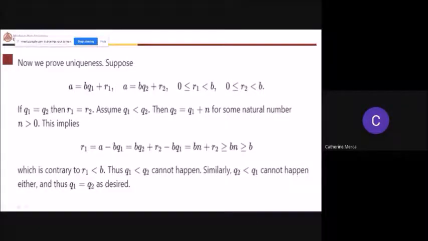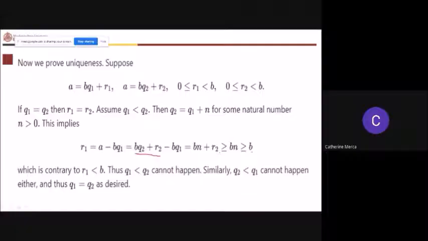Pero ano ibig sabihin yan? Ang R1 ninyo is A minus BQ1. A minus BQ1, pailipat doon, equals BQ2, kasi ang A ninyo is BQ2 plus R2. So, A is replaced by BQ2 plus R2 minus BQ1, which is equal to B times N plus R sub 2.